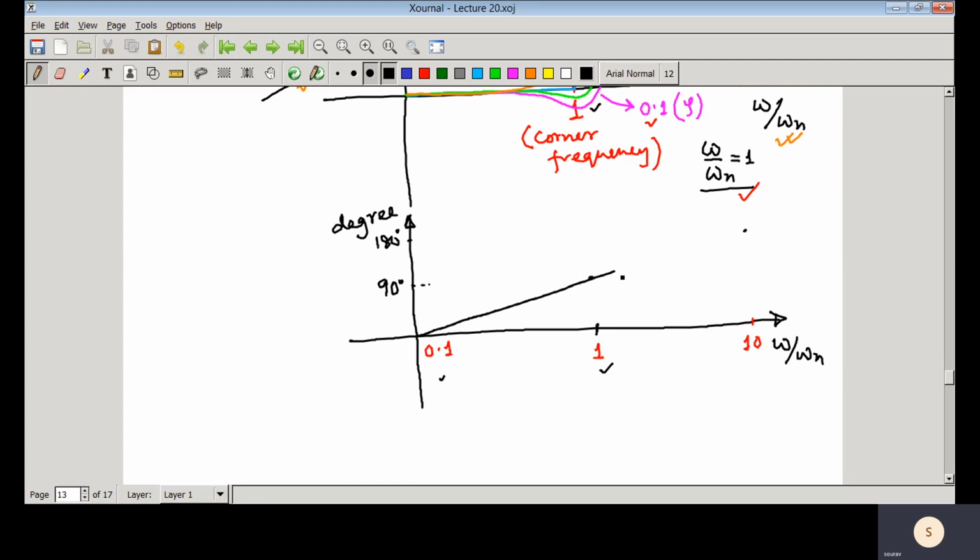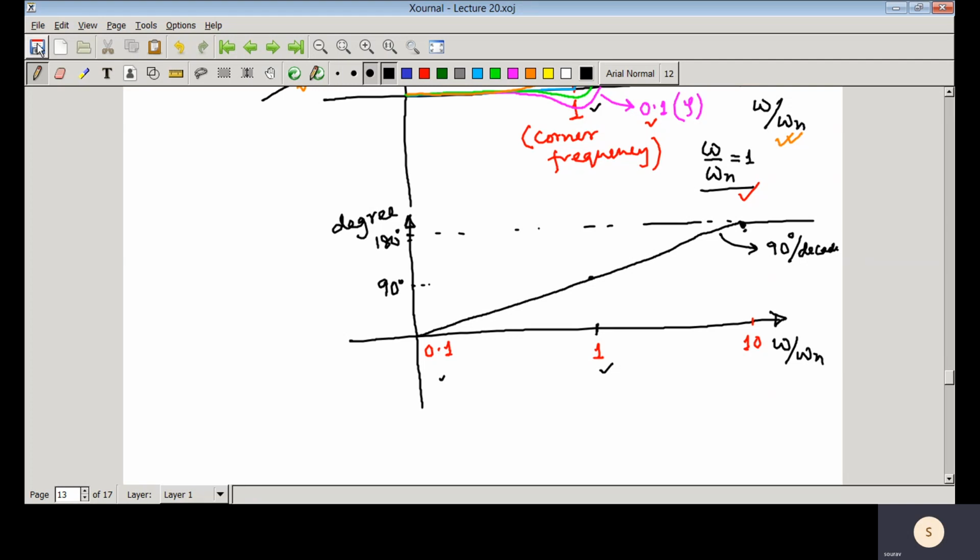So that would be that phase plot, and here the slope is 90 degree per decade, and this one is 180 degree, because whenever omega is very high, that angle goes to 180 degree, that we have seen. Now what happens whenever zeta varies?